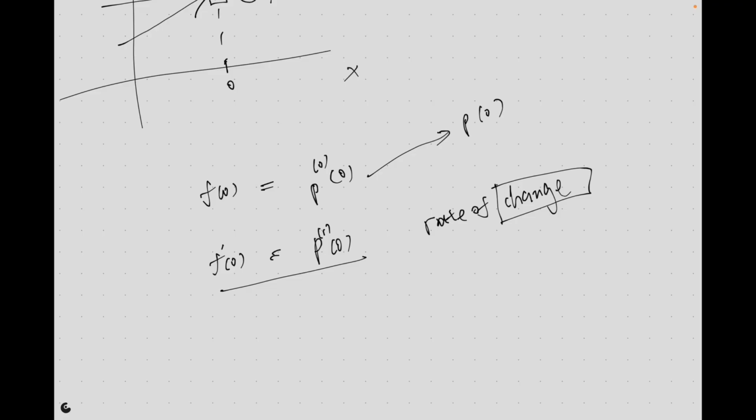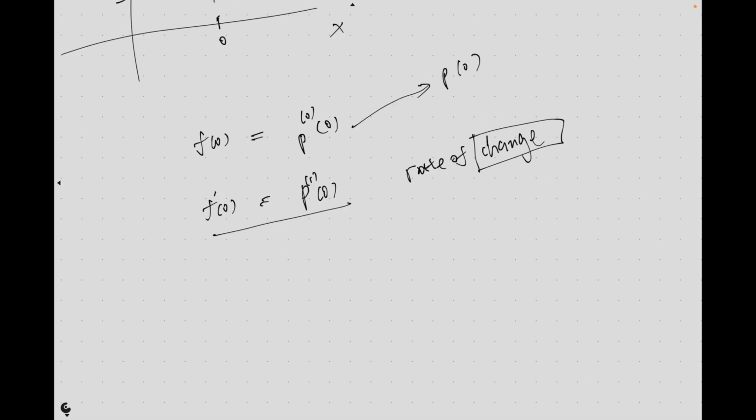If the rate of change is the same, it has a better approximation around this point than just having the value of p equal to f at 0. And if we think a little bit more, can we better approximate this function around the point 0 if we make sure that the second derivative of p at 0 is equal to the second derivative of f of x at 0? So they have the same rate of change.